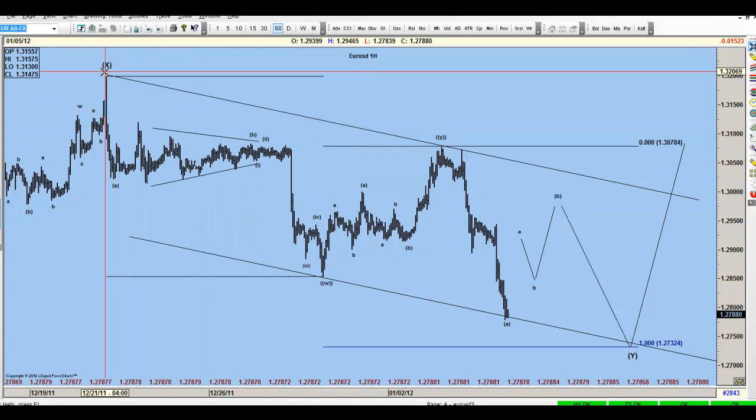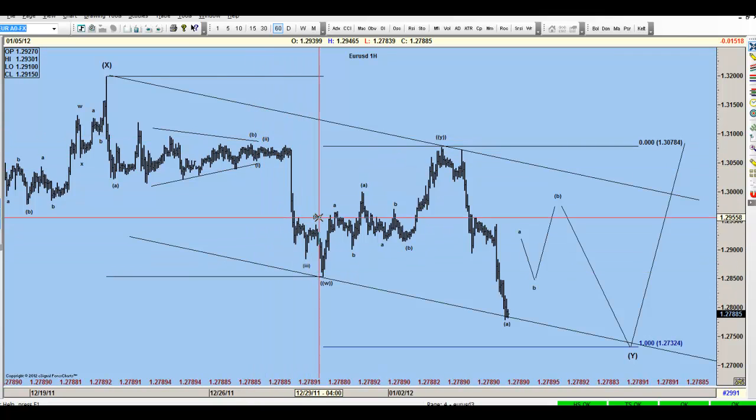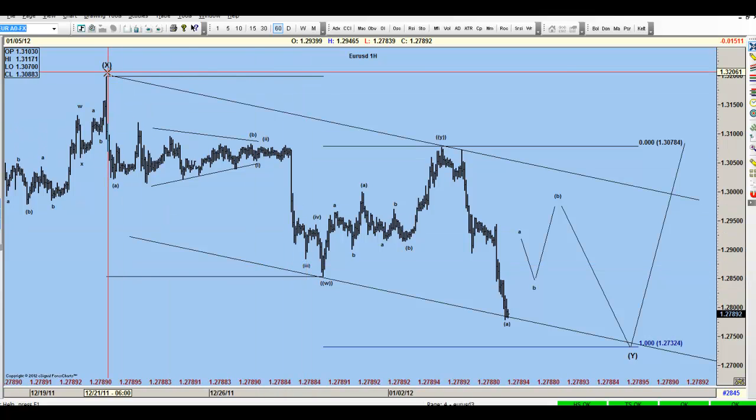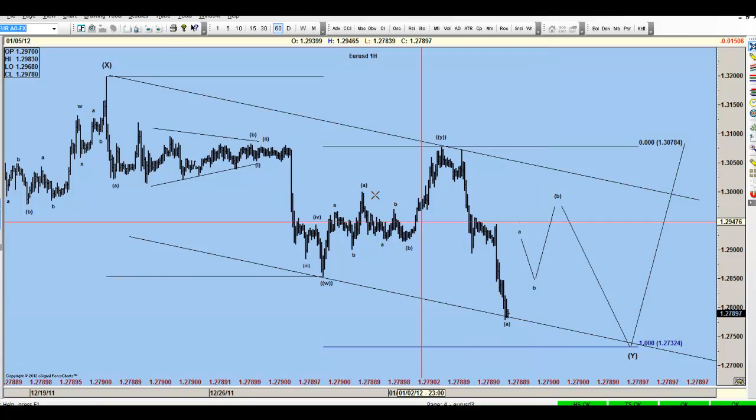It looks like it did A, B, and then from here the market did 1, 2, 3, 4, 5, and 1, 2, 3, 4, 5 as an internal here. Now, if this move was a 3-wave, this move needs to be a 3-wave. All right? Everyone agreed? I believe that at this stage everyone should agree.